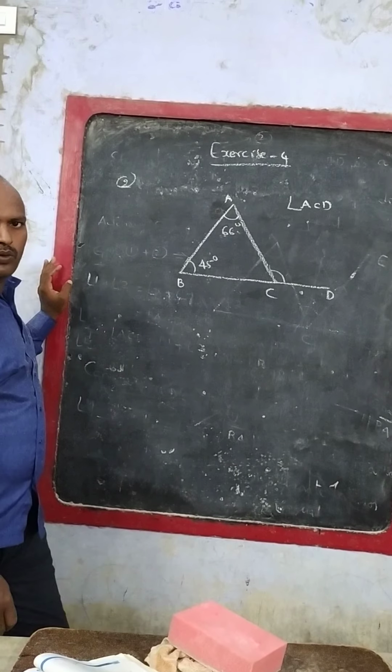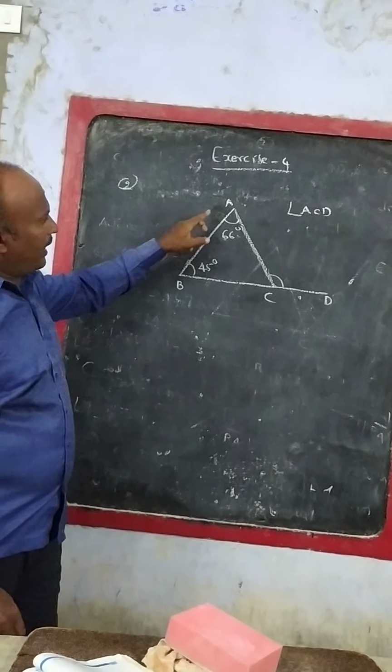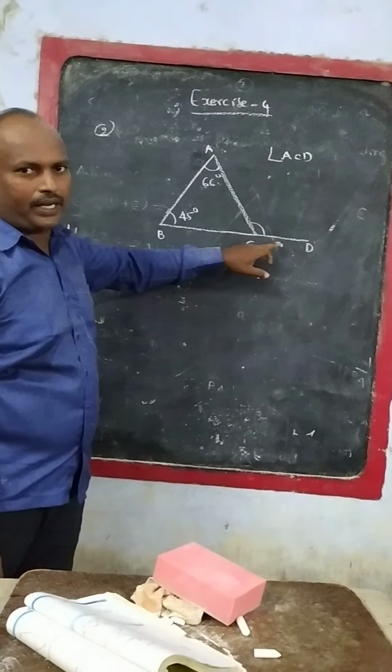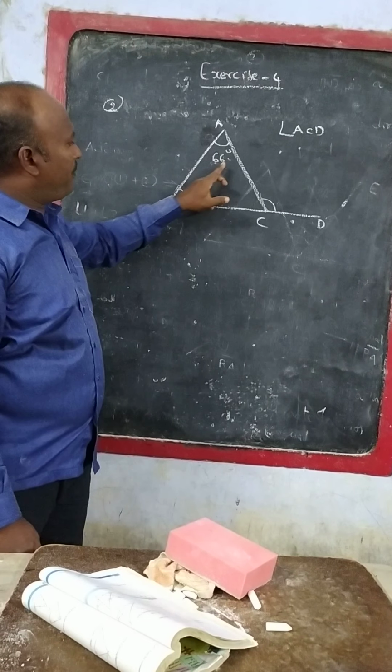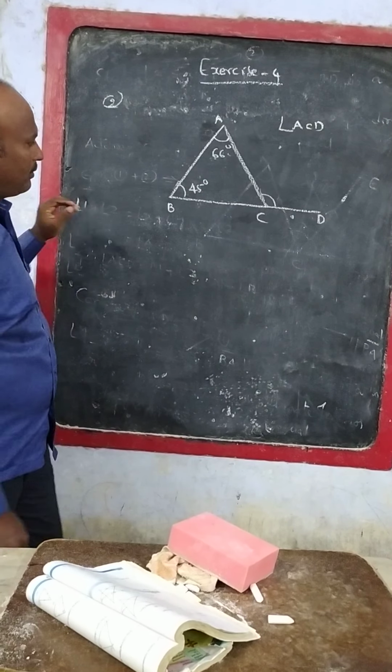Already we have proved the property that the exterior angle of a triangle is equal to the sum of its opposite interior angles.